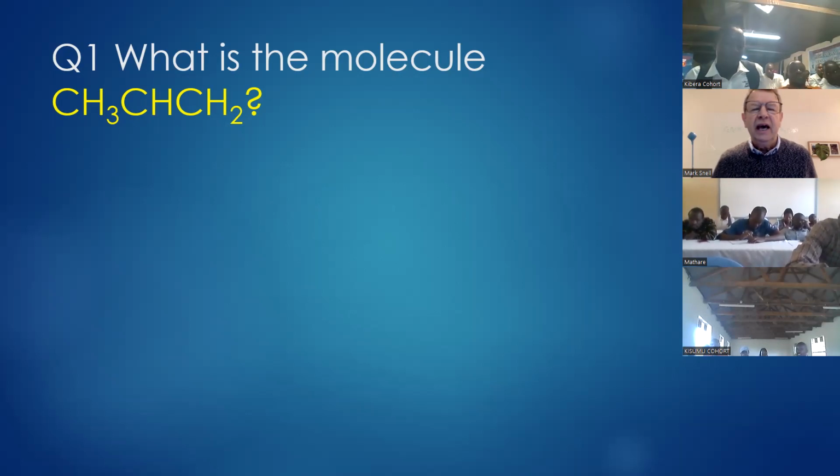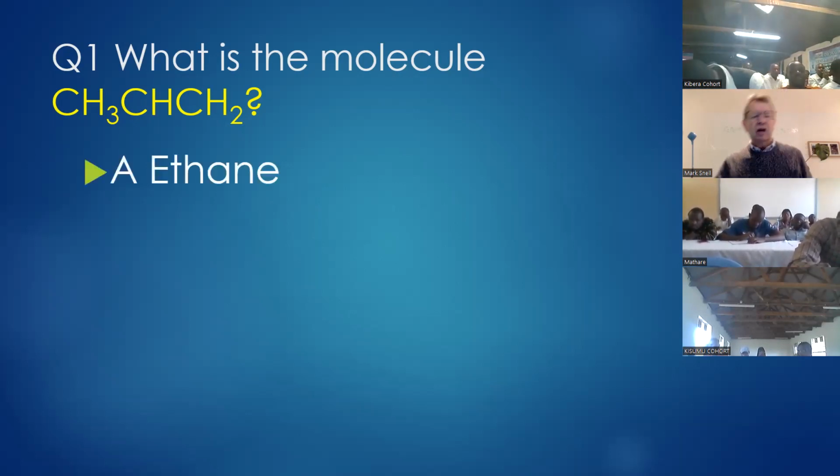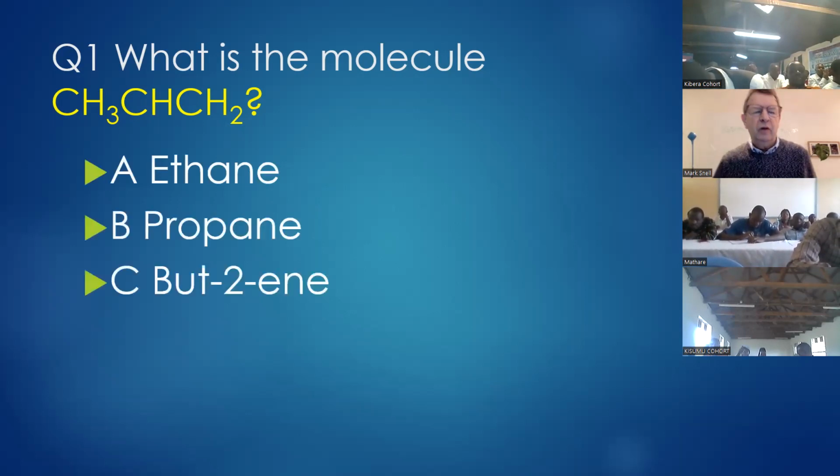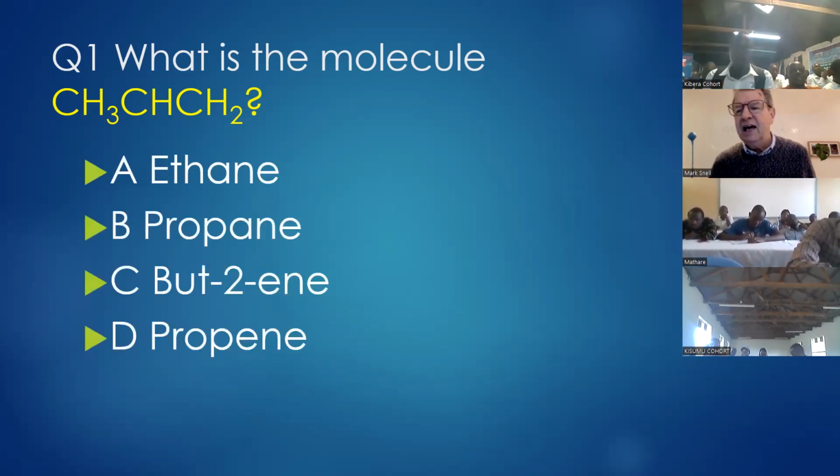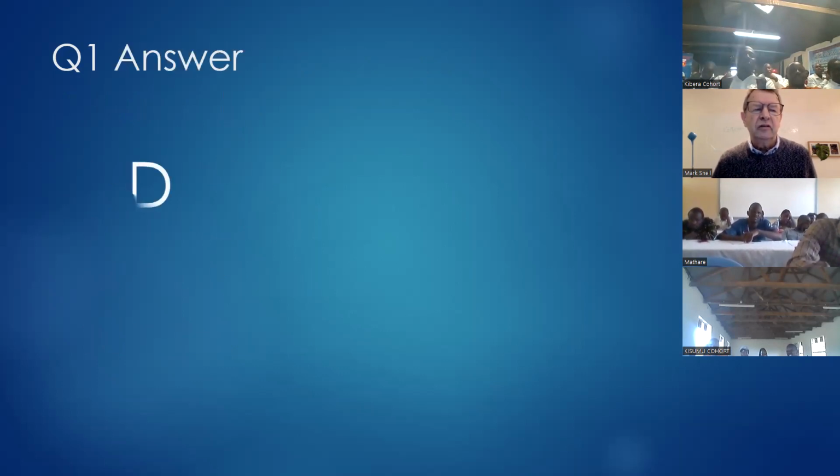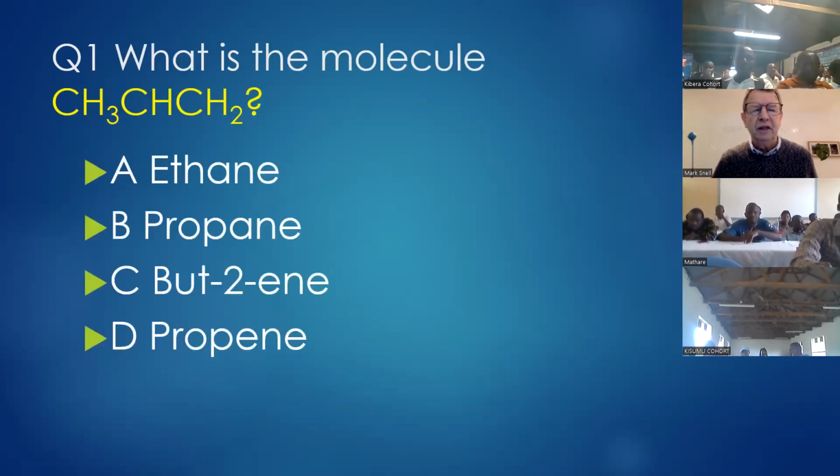I expect you're all going, oh, I know what that is. I do these as multiple choice because it narrows their possibilities, and this one is D, propene. There has to be a double bond between these two.